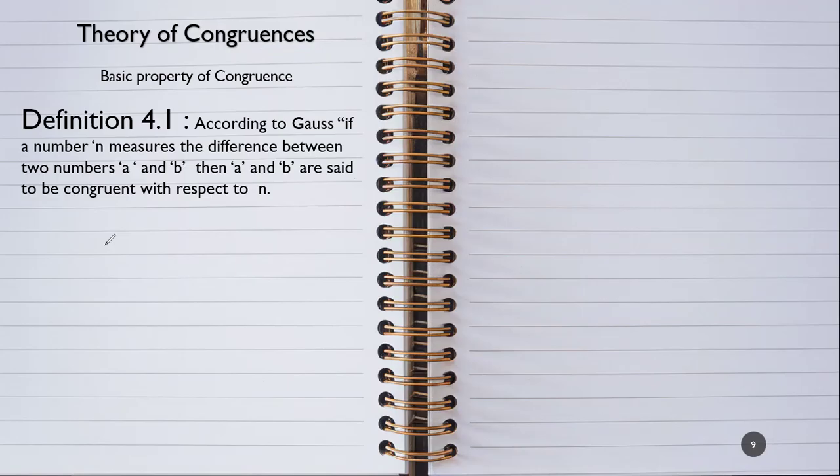The definition is saying that if n is measuring the difference between two numbers, it may be possible that n is measuring a minus kb or b minus ka. Both are the same thing because it is dividing the number. It is not necessary that it is negative or positive. It should divide.